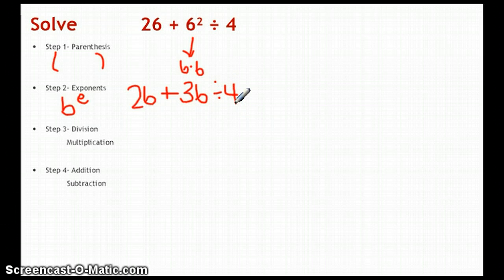Okay. Step number 3 says we are going to either divide or multiply, whatever comes first when reading from left to right. In this case, we don't have any multiplication, but we do have division right here. So we're going to rewrite the rest. 26 plus, and we know that 36 divided by 4 is 9.